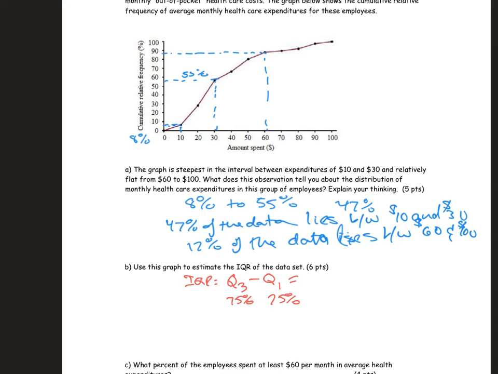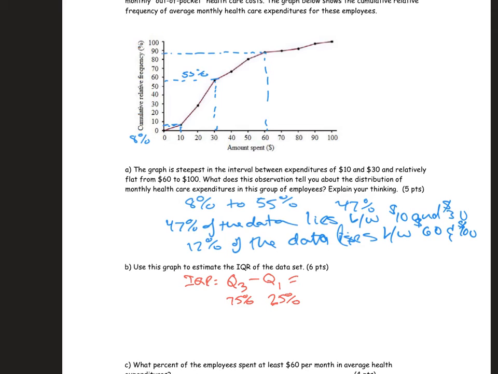Remember, when we divide the data, the median is 50%, and then Q1 is dividing the first half into quarters, so that would be the 25%, and Q3 is dividing the second half into two halves, so that's the 75%.